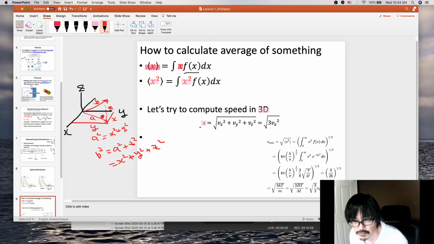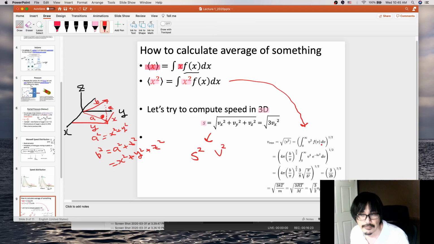If I'm interested in the speed square, then all you have to do is put b square in front of the distributions and then just integrate, right? That's pretty much all I have to do. That's the average speed.